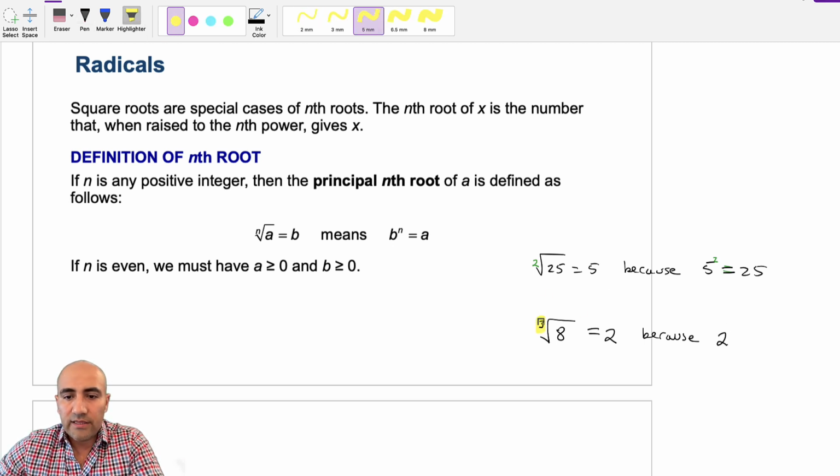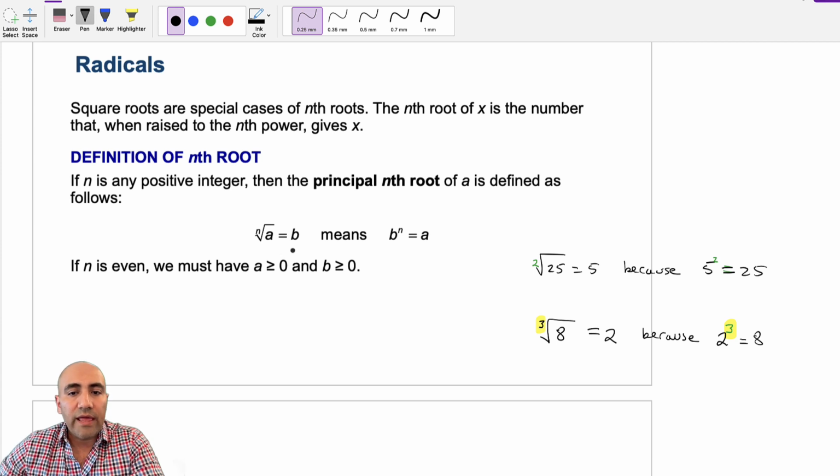This little index right there is going to be the same index that goes right there. So in general, whatever index is here tells you the power you have to raise it to when this thing is being solved.